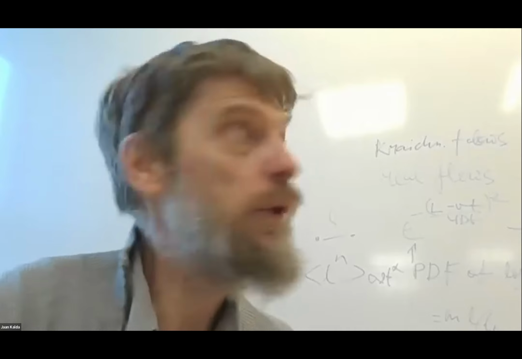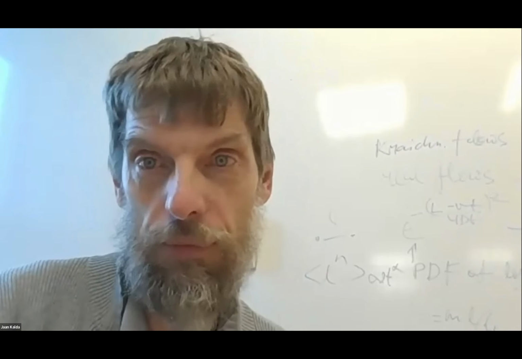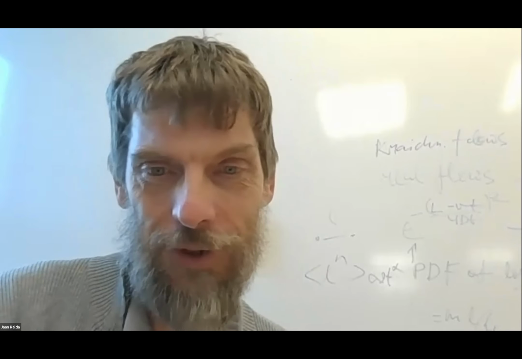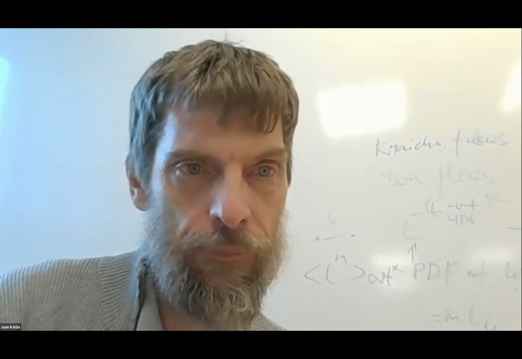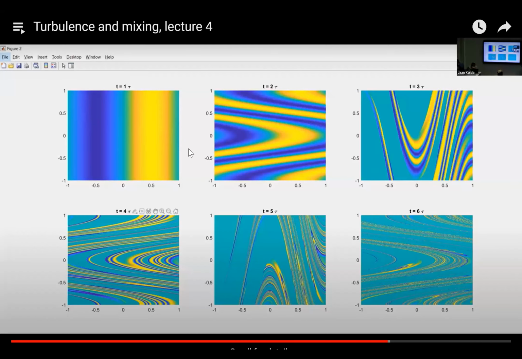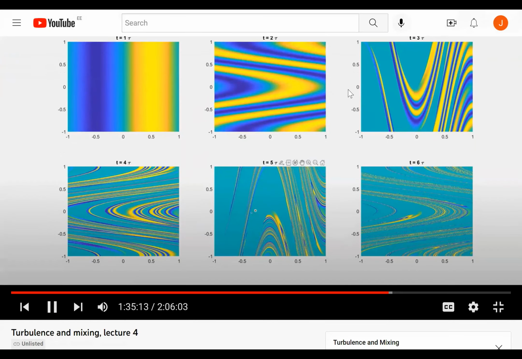I need to share the screen first. So you start with this, which you basically had, and then you stretch in one direction. It becomes something like that. Only stretch in one direction, and then you stretch in another direction. It becomes like that.